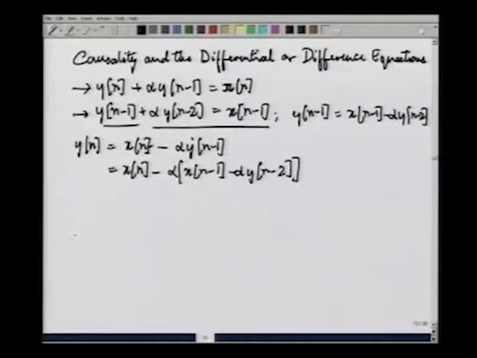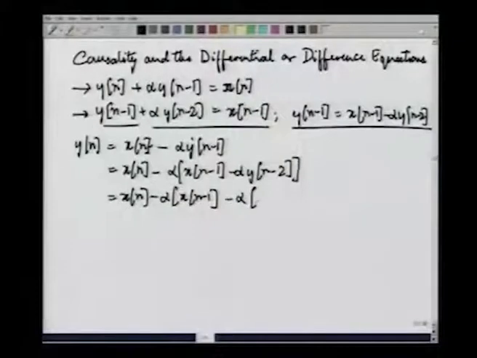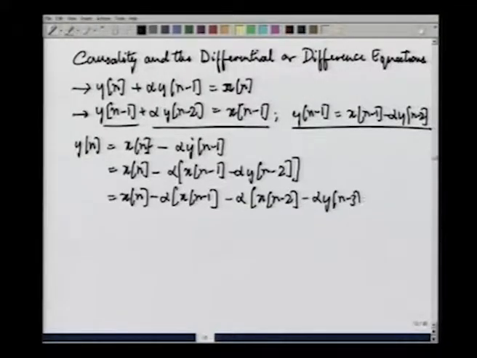You can do one more round of this and you would get that this equals x n minus alpha x n minus 1, fine, minus alpha, what is y n minus 2? It would have the same form as y n minus 1 that we have written over here, except that all time instants would be shifted again by one further point. So, you would get x n minus 2 minus alpha y n minus 3.